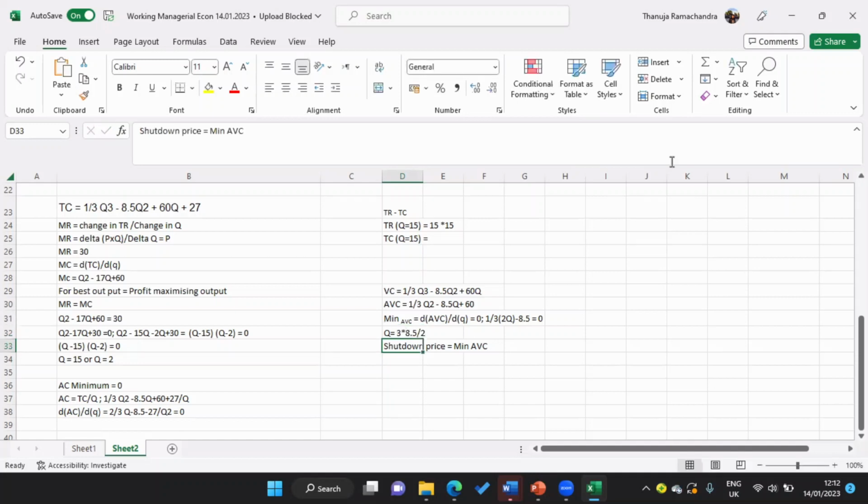How much will that be? 12.75. So Q equals 12.75. Okay.